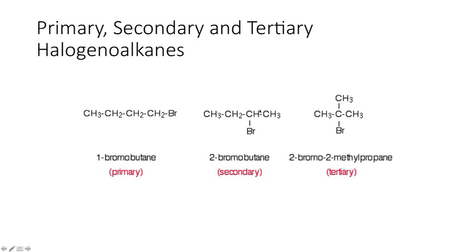This one is a secondary because it's got two methyl groups, as shown here and here. And then we have 2-bromo-2-methylpropane, which is a tertiary because it has 1, 2, 3 methyl groups.